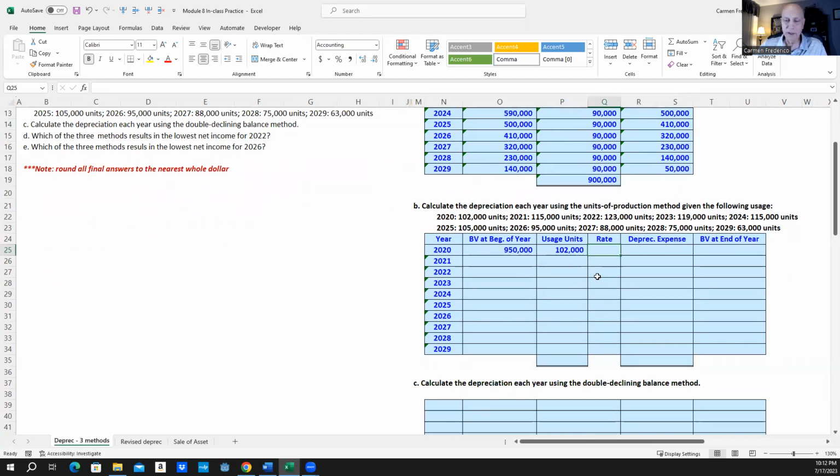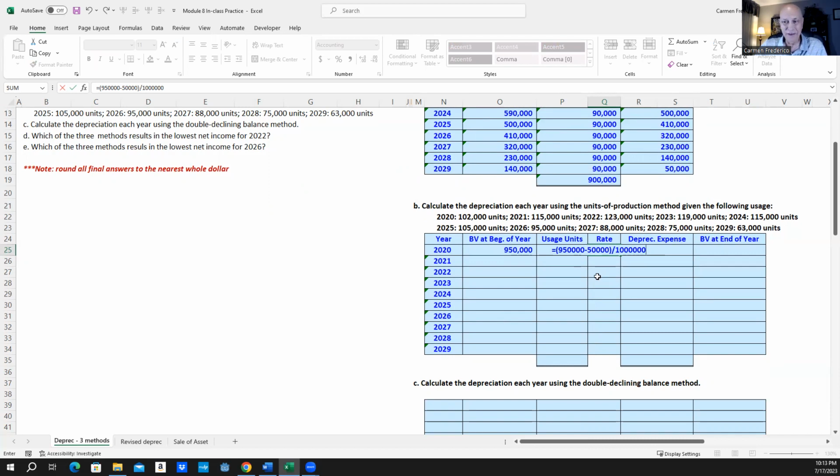All right. So let's calculate that. So same formula, we take the cost of 950,000 minus the salvage value, the part we don't want to depreciate, divided by not years this time, but units, 1 million units. Okay. So the estimated life of this printing press is 1 million units.